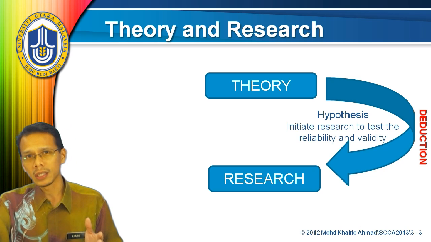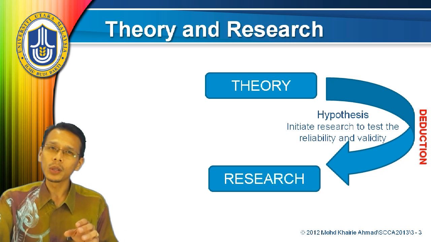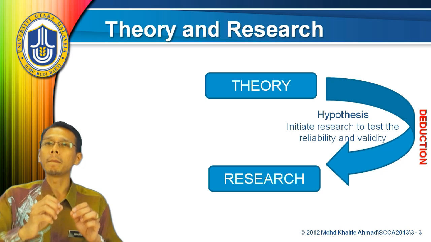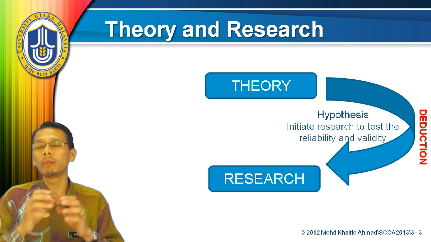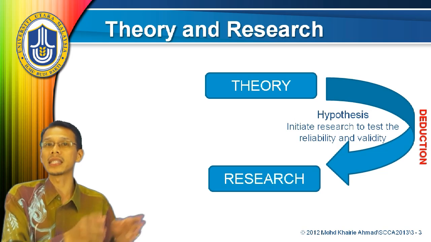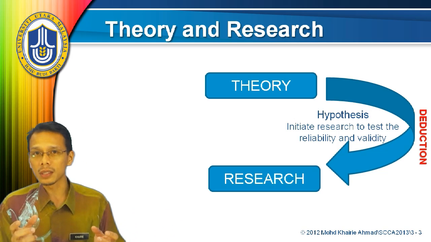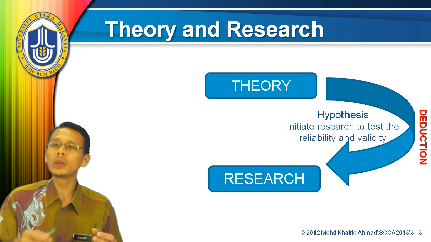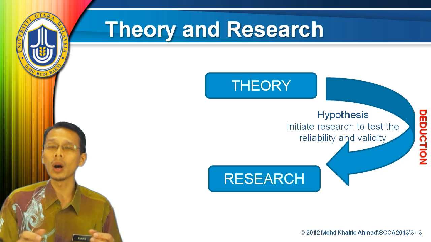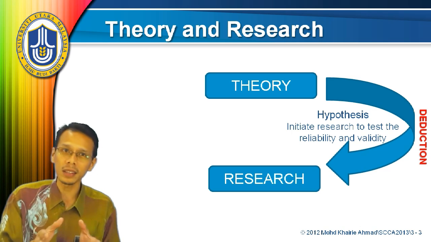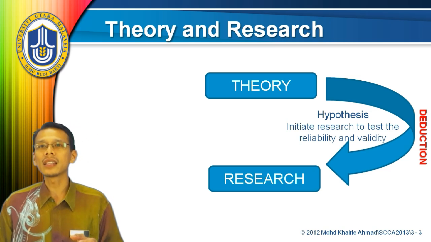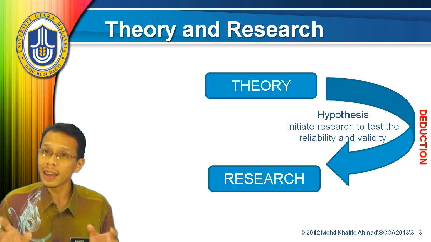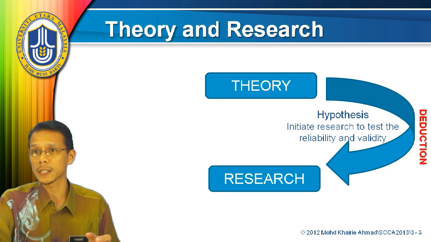When we talk about deduction, it refers to the process where we initiate a research based on the theory or based on what people have done before. In other words, we try to confirm, we try to test, we want to know how reliable and how valid this theory is related to what we want to study. So this is what we call the deduction process.